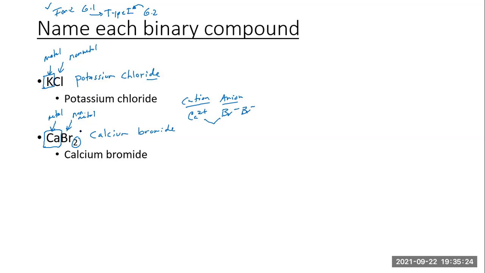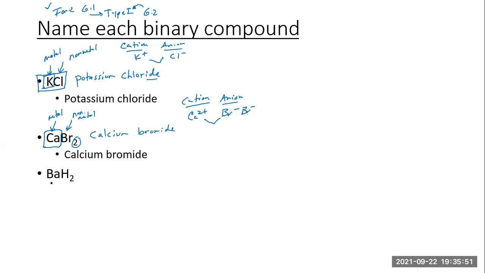We need it in the formula, but we do not do anything with that 2 in terms of the name. And again, no prefixes here. Same thing with our top one. Our cation here is our K+. Our anion is our Cl-. When we put these together, +1 -1, which is why we just have one of each of those guys. And that's how we get to that.